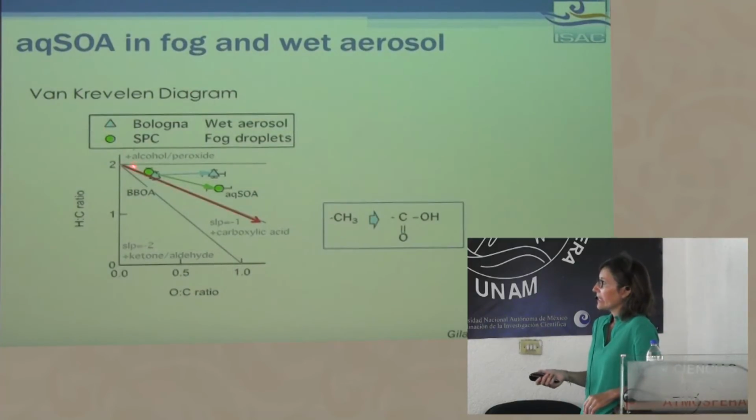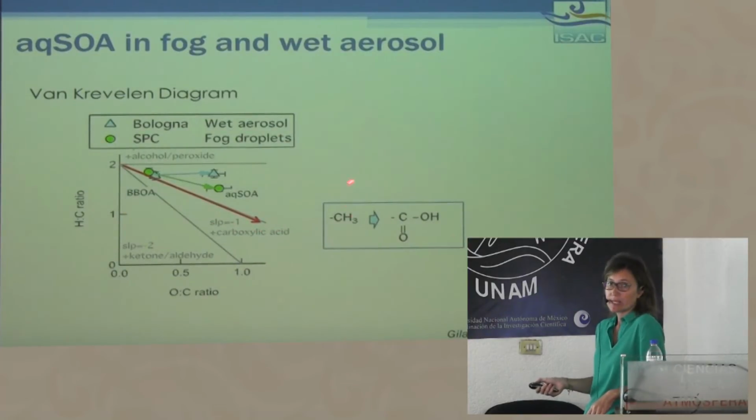Well, the line that connects fresh biomass burning organic aerosol to aqSOA in fog droplets has a slope of about -1. In this kind of diagram, a slope of about -1 corresponds essentially to the replacement of 2 hydrogen atoms with 2 oxygen atoms, which chemically translates into the formation of carboxylic acid groups.